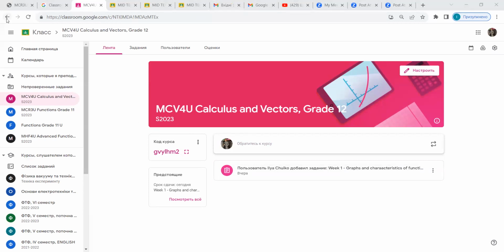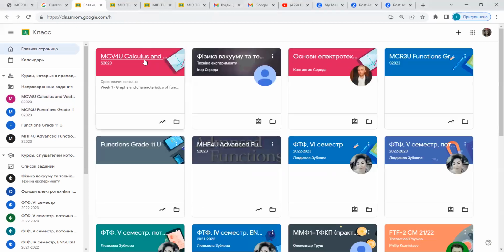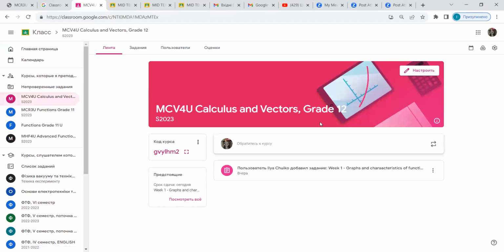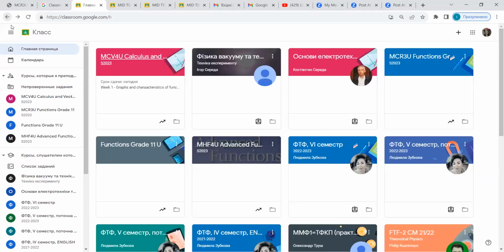This is the wrong one. I see. Weird. Okay, then I gotta take it up. I don't think we have calculus and vectors right now. But maybe this is the one. I don't know. I'll check it. Okay, thanks for telling me.